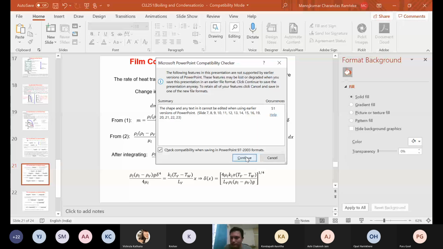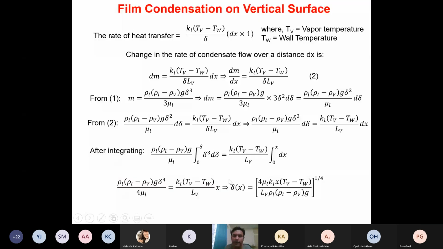Okay, so after rearranging, what we finally get is delta x is obtained as 4 mu L KL, where KL is nothing but the thermal conductivity of the liquid, x (TV minus TW) divided by LV (rho L minus rho V) G, and raised to the power 1 by 4.